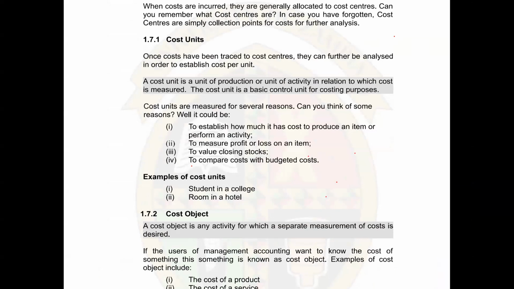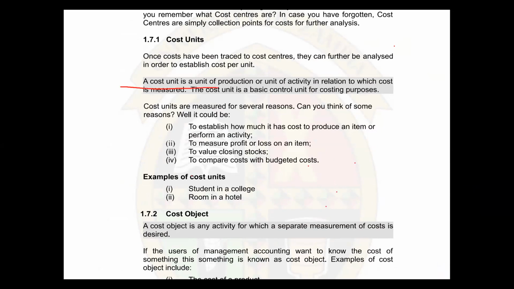So a cost unit now. A cost unit is a unit of production or a unit of activity in relation to which cost is measured.